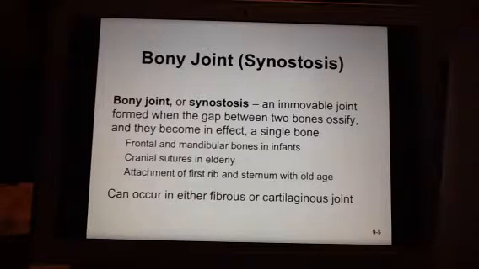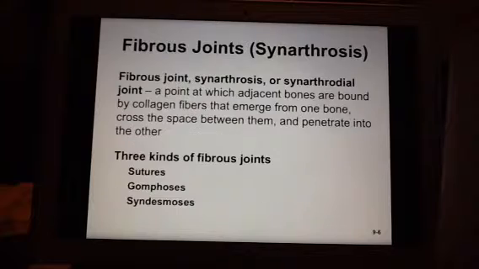Some examples where we see this in the body: in infants, the frontal and mandibular bones, and then in elderly, we see the cranial sutures finally fuse together, and the first rib and the sternum. These can occur in either fibrous or cartilaginous joints, but to be honest, I usually am used to saying that there's 3 categories and not include bony joints as one of those 3. So if you feel like you never hear me talk about this again, that's why.